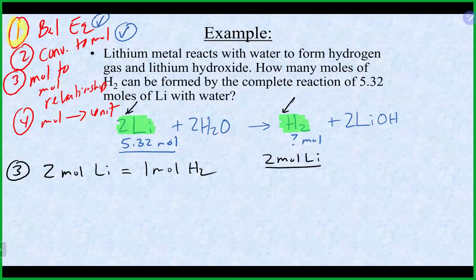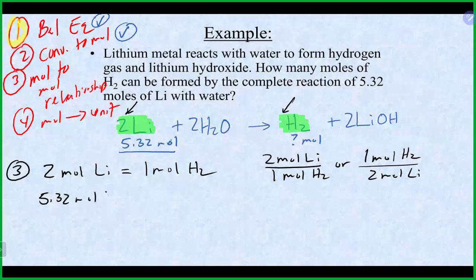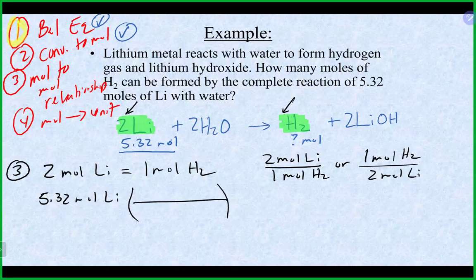Again, I'm not going to use them both. I'm going to use whichever one is going to work for me in this case. And what one I need to use will be determined by what they gave me, which was 5.32 moles of lithium. In this case, I want to get rid of lithium, so we need to go opposite location for lithium, which means it needs to go on the bottom there.